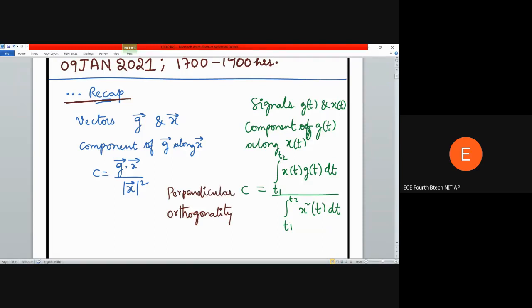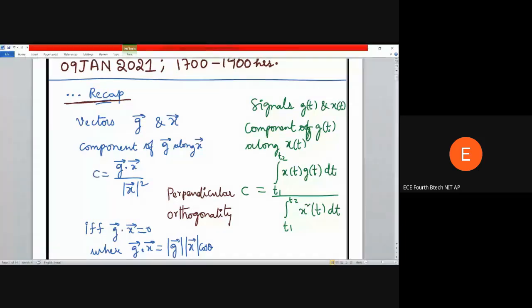So for the vectors, two vectors are said to be orthogonal or perpendicular if and only if g bar dot x bar is equal to 0, where g bar dot x bar is equal to, we also gave the definition for the dot product, mod g bar mod x bar cos theta. So when theta is equal to 90 degrees, then you will have this orthogonality condition.